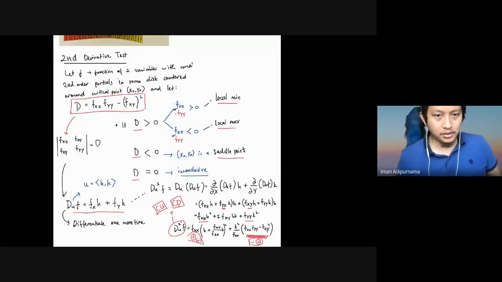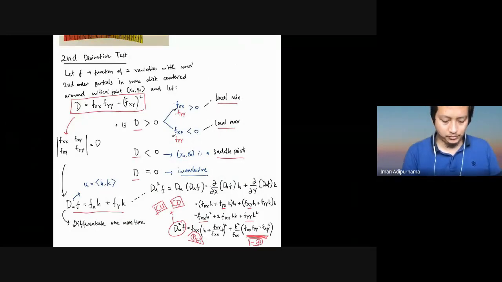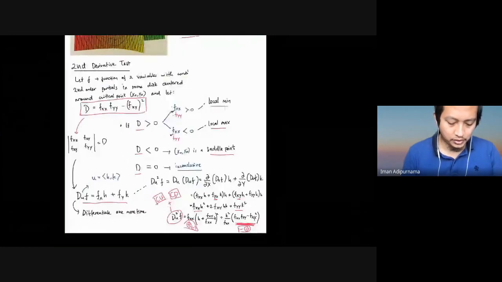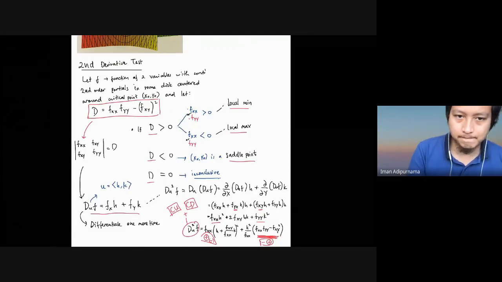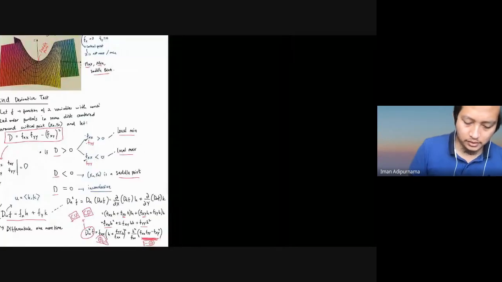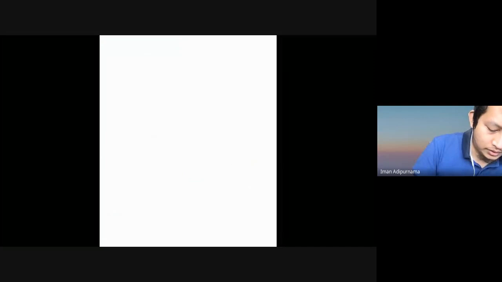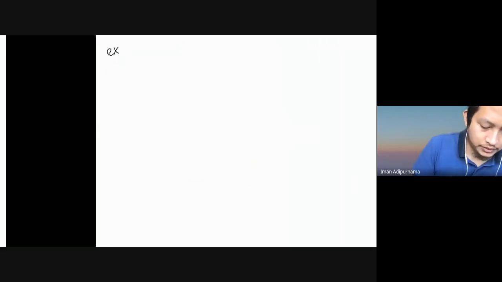Maybe we have an example of how to find and solve for the maximum and minimum values. Let's say we have a function that is 4xy minus x to the power of 4.